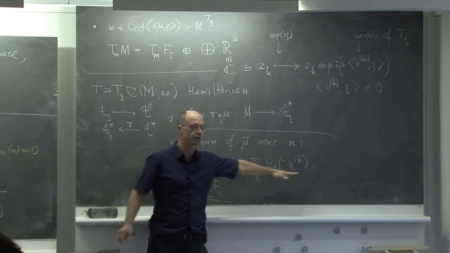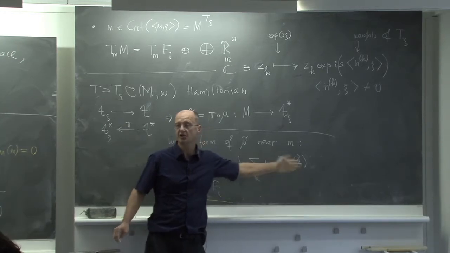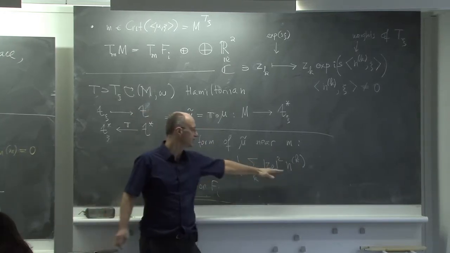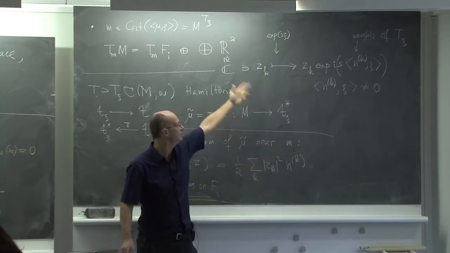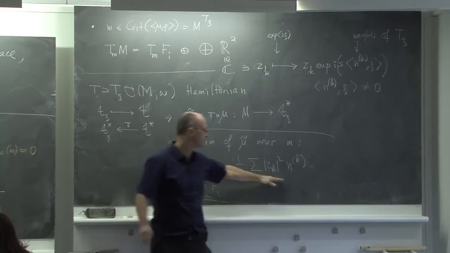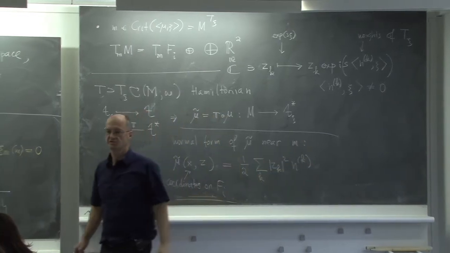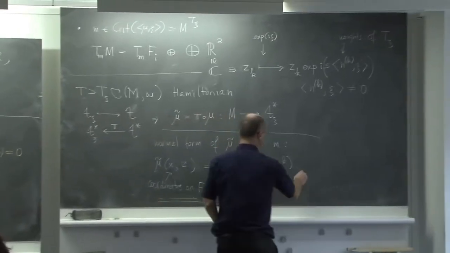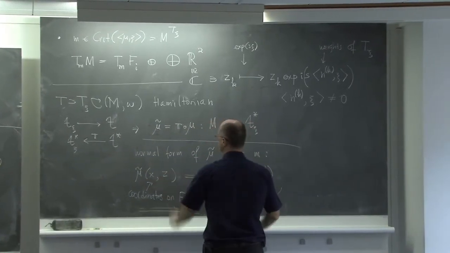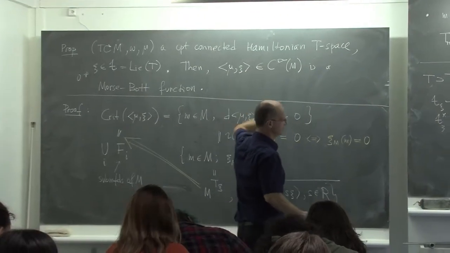So the moment map near a critical point is very, very easy. It's a sum of positive things: the absolute value squared of zk's times the weights. Let me use it to compute a normal form for mu psi.